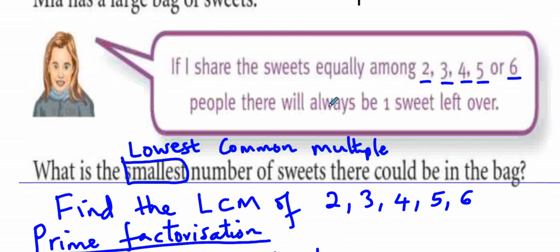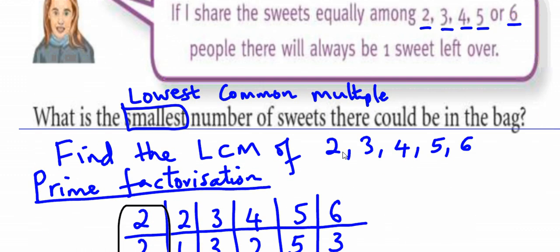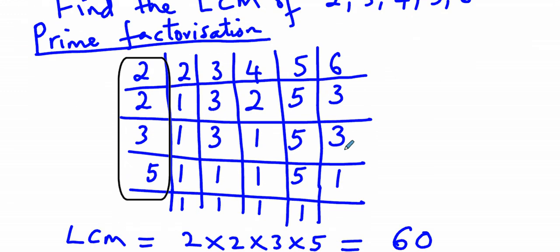Now let us go back to the question. Mia says, if I share the sweets equally among 2, 3, 4, 5, or 6 people, there will always be 1 sweet left over. So the question is, what is the smallest number of sweets that could be in the bag?